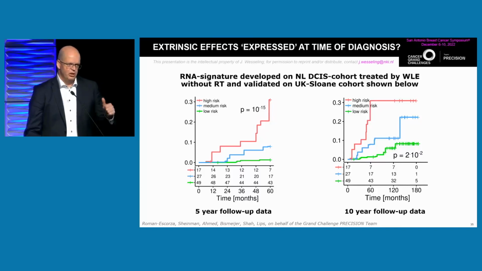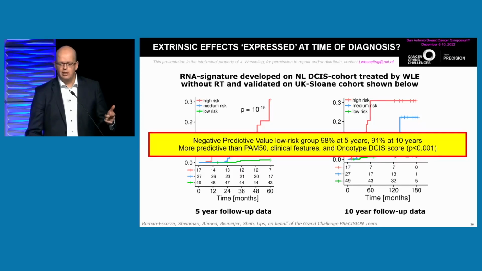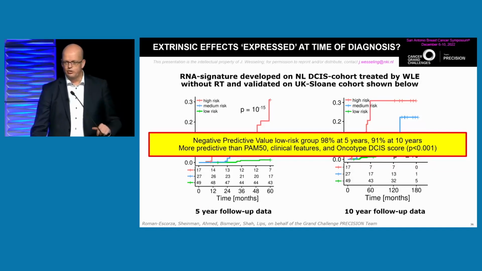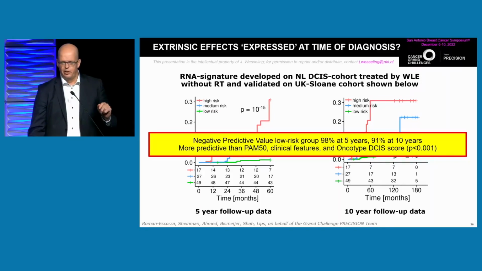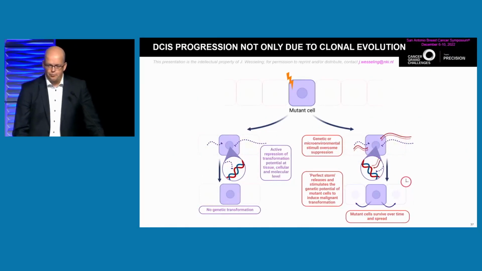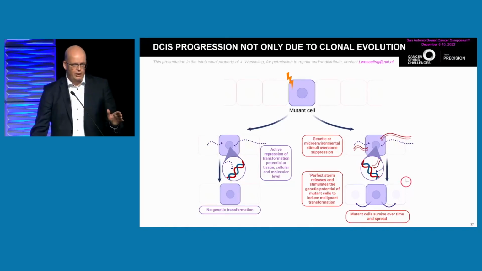Probably yes, because we do not see a clear difference in mutations or copy number alterations, but there is a clear difference in the RNA signature that we find in our case control series. So what is then our hypothesis?